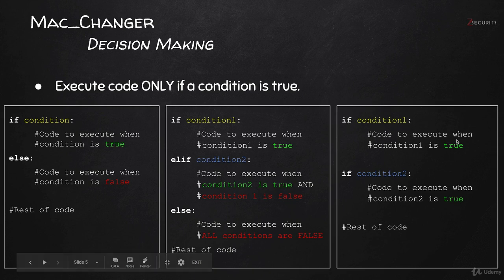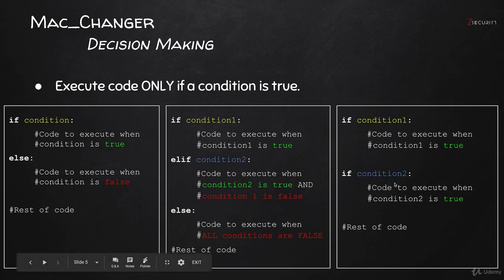If it's true, it executes the code here. Even if it's true and it executes the code here, it'll check condition 2. And if it's true, it'll execute the code in condition 2 as well. So unlike this example, if condition 1 is true, Python will go to the rest of the code directly and won't check for the rest of the conditions.